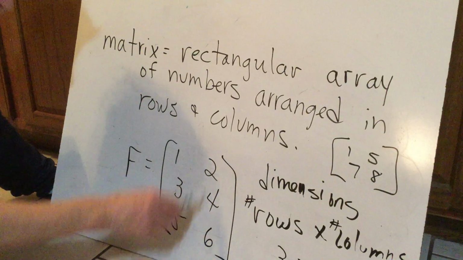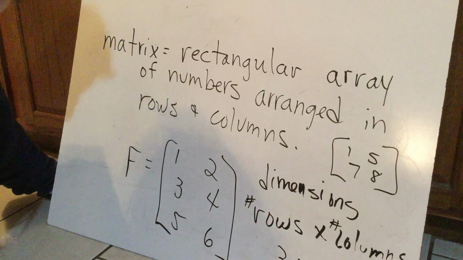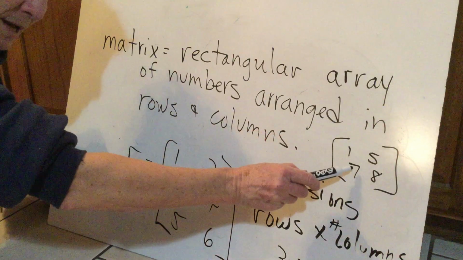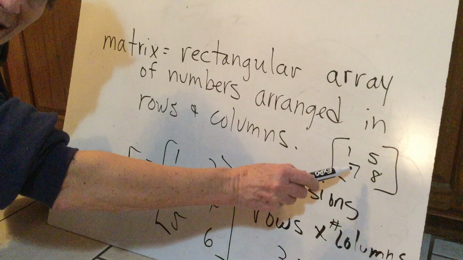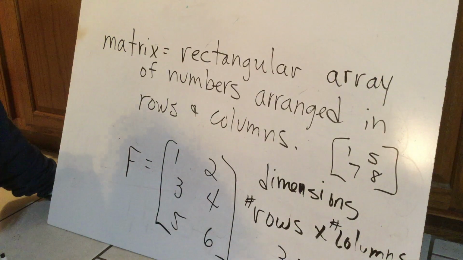So this particular matrix has 6 entries or 6 elements. This one would only have 4 entries or 4 elements. The entries or the elements of a matrix are simply the numbers within the matrix.